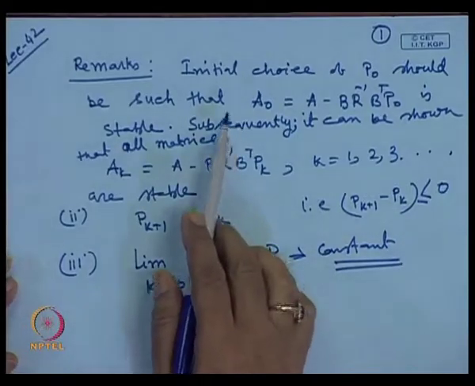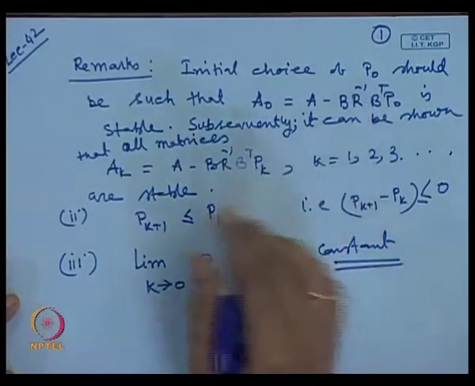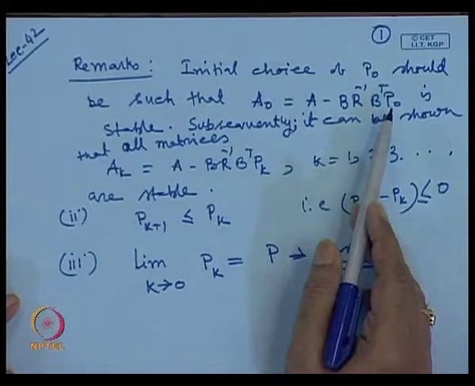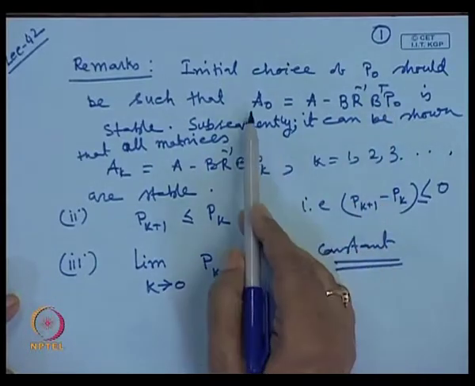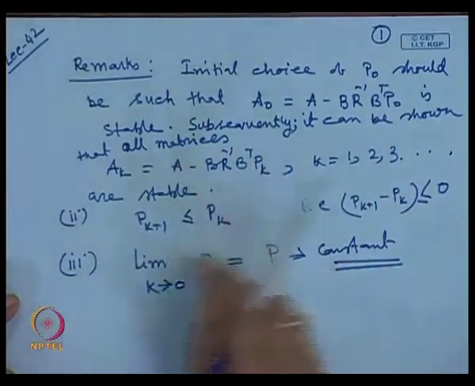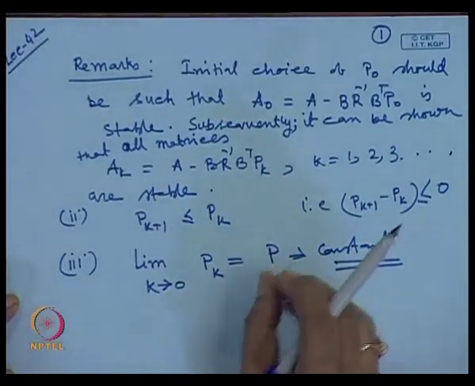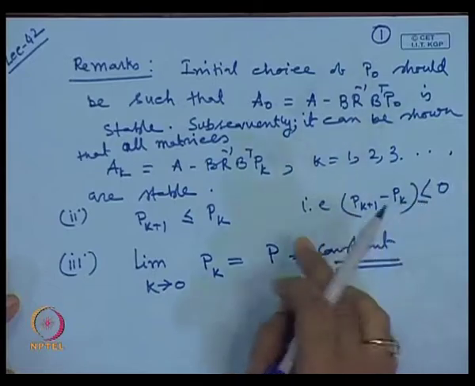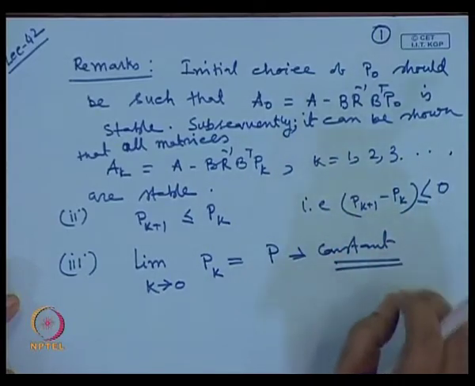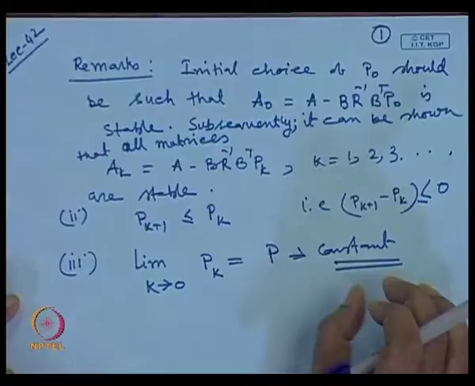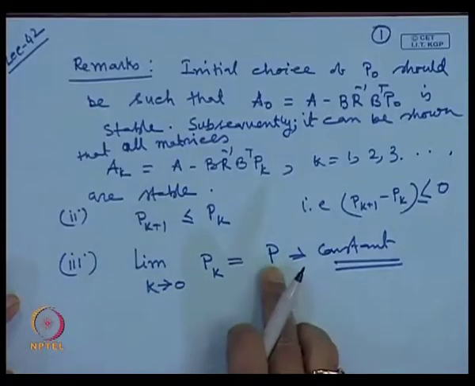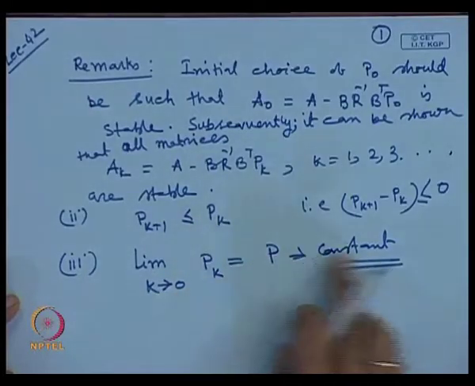The only thing is that when you start the iteration, you have to select P of 0 in such a way that A of 0 is stable, and then start recursively solving until the norm of P k plus 1 minus P k is less than or equal to some pre-specified small value. Agree? That is, until P converges to a constant value.